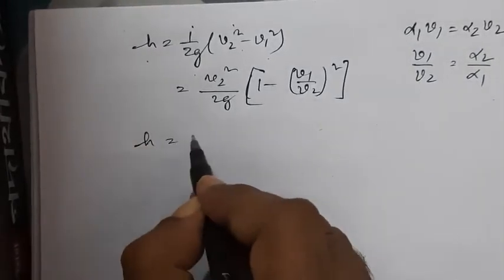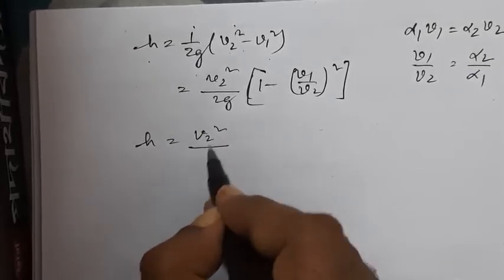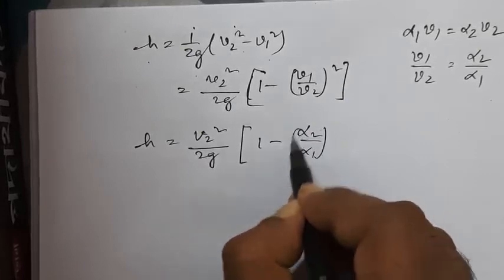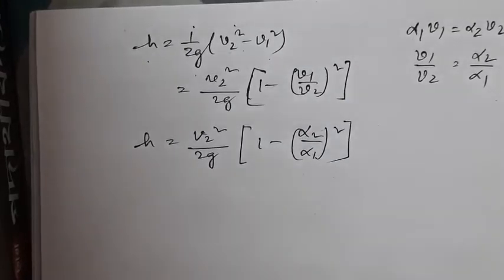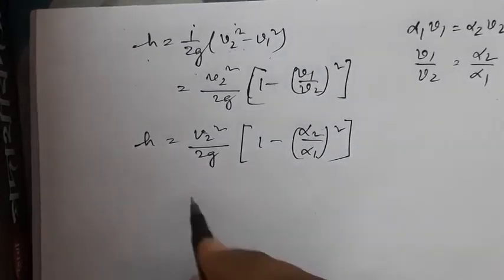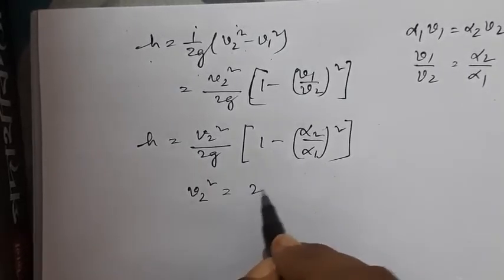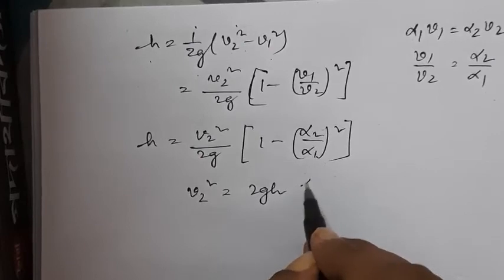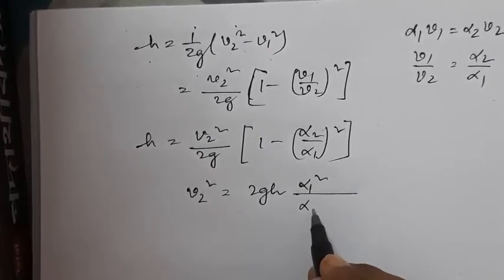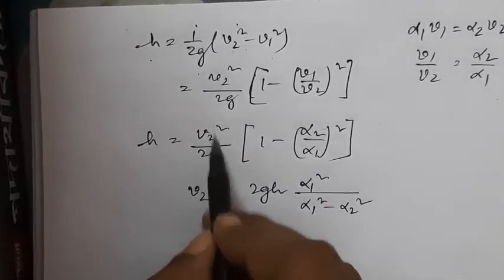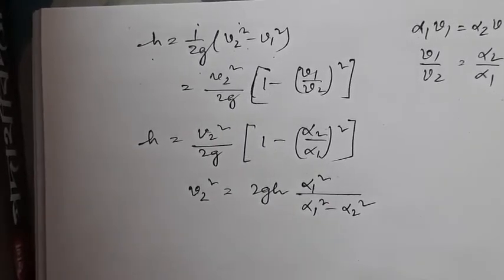So the equation can be written as V2 square by 2g times (1 minus (alpha 2 by alpha 1) square).